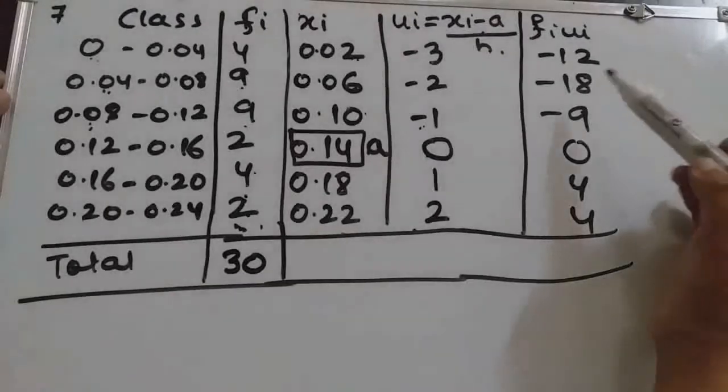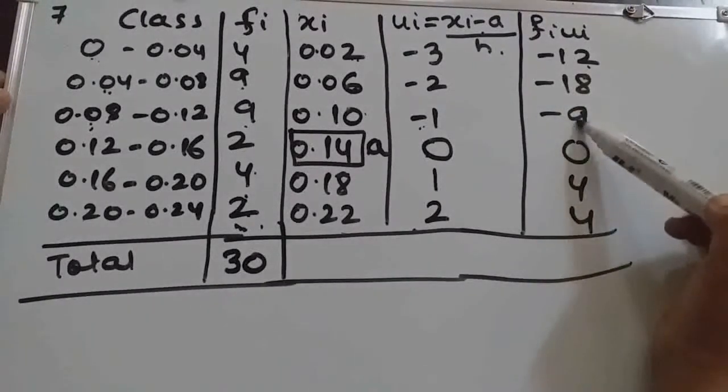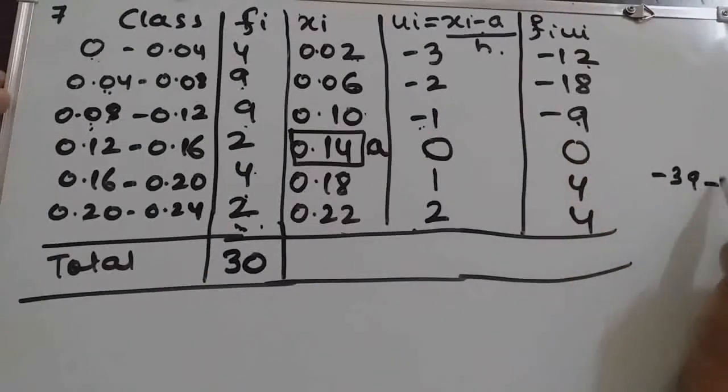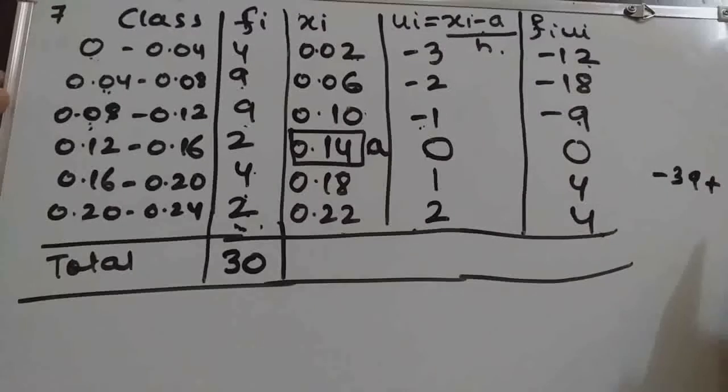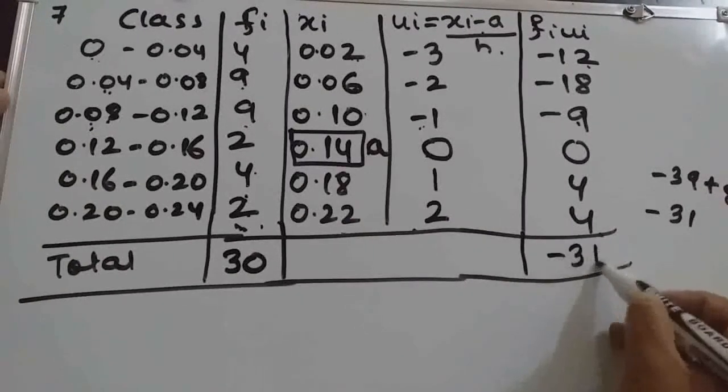Now for this, 18 plus 12 is 30. 30 and 9 is 39. So minus 39 plus 4 plus 4, that is 8. So minus 39 plus 8 will give minus 31. Okay. So we can write here minus 31.